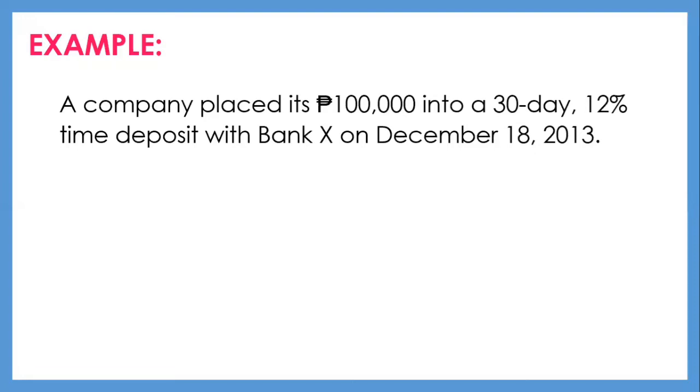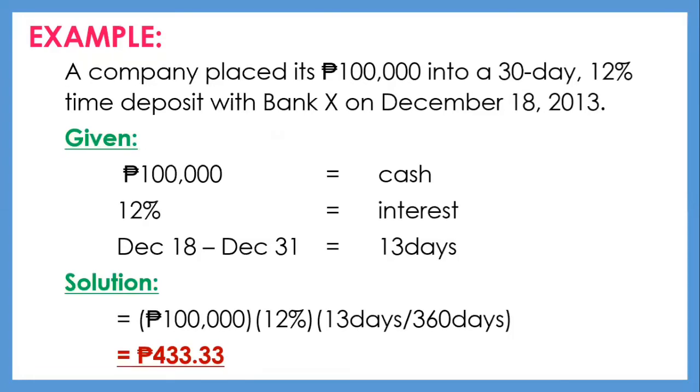Now, in order for us to calculate the interest, we will multiply our cash, 100,000 pesos, to the interest 12% and the 13 days as well. Remember, from December 18 up until December 31st, we have 13 days.